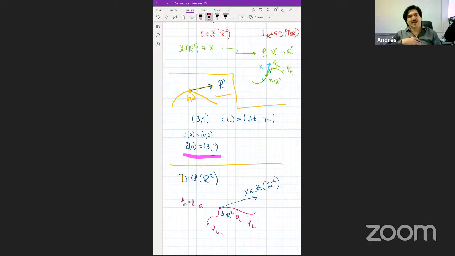And that path of diffeomorphisms, phi of t, being the flow of X, means exactly that the derivative at 0 is this vector.